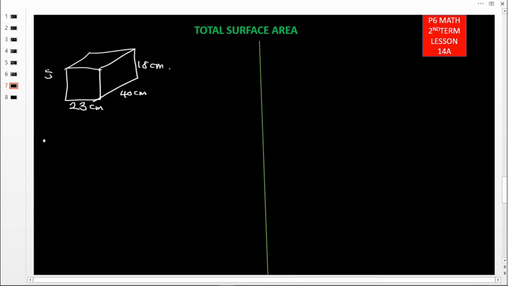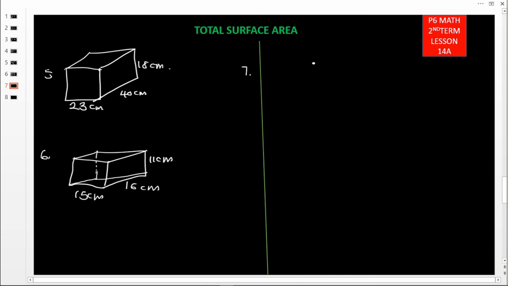Then number 6, 11 centimeters, 16 centimeters, 15 centimeters.